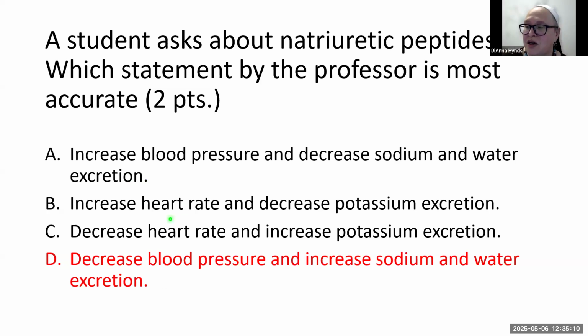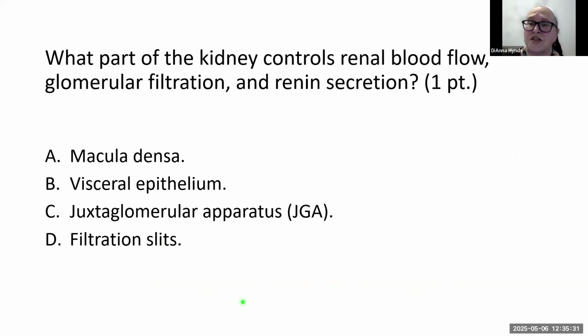The key here is that because it's a natriuretic peptide, it's going to be moving sodium into the urine, causing sodium to come out in the urine. And so it's increasing sodium and water excretion. Okay, next question.